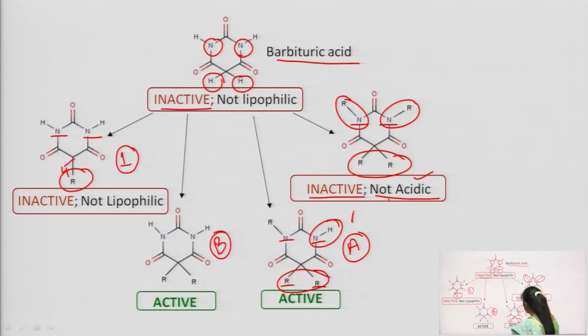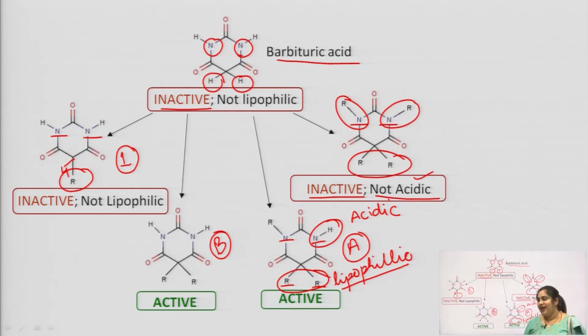So, this possesses acidic character as well as lipophilic character, means compound A has maintained the balance between the acidic as well as lipophilic character, hence it is an active compound.